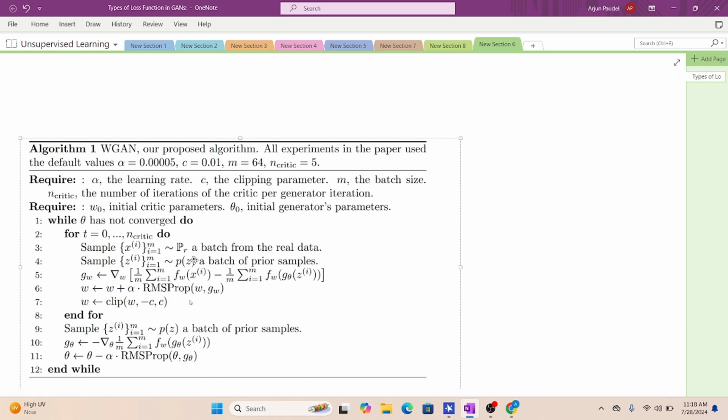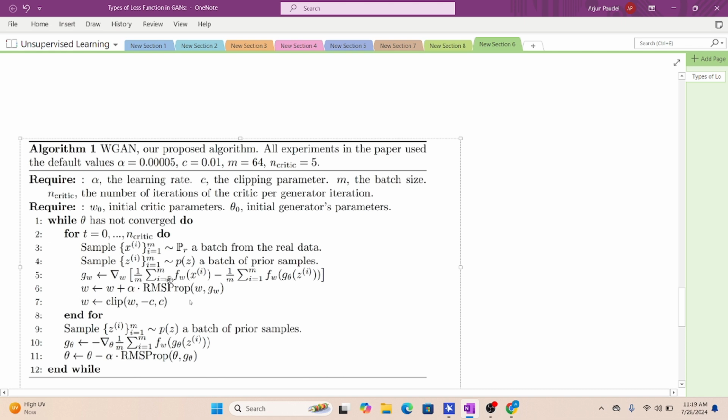Prior means just a standard distribution from which we sample and pass to the generator. Then we take the gradients of the loss function that we defined here.